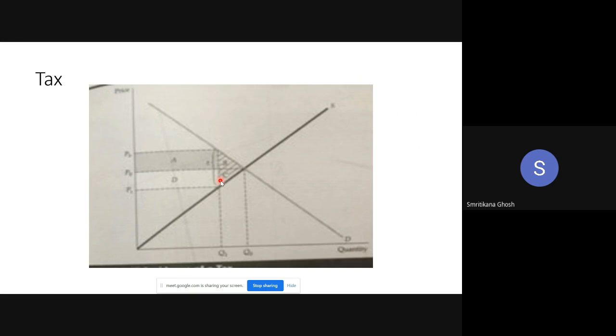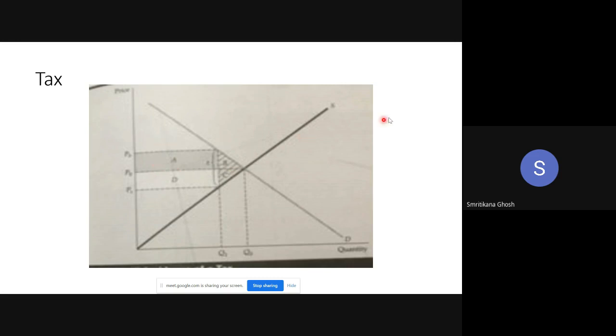The burden will be the same for both of them. So if this is the tax rate, then the consumer is paying this price now and the producer is receiving this price now. Initially, for both of them, the price was the equilibrium price.